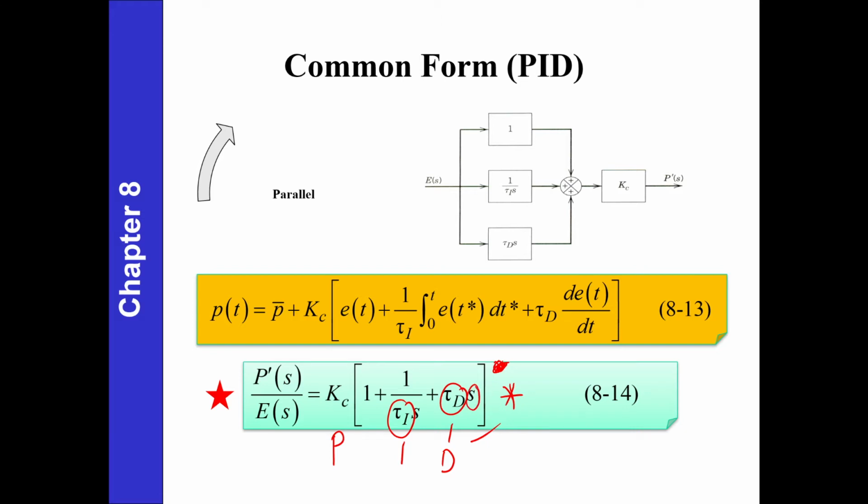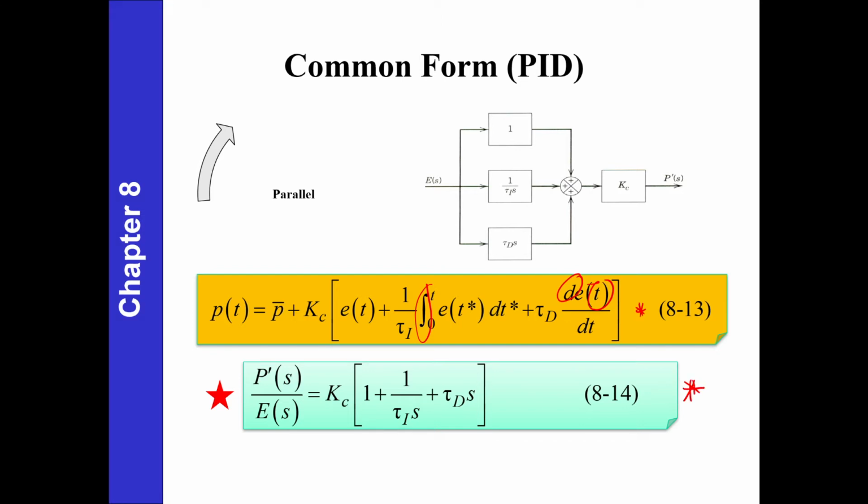Why do we prefer the S domain compared to the T domain? Because the T domain, as you can see here, is more complicated. There is integration and there is derivative here. That's why in process control we change it to the S domain to simplify. So this is the equation for the PID controller that you should know.